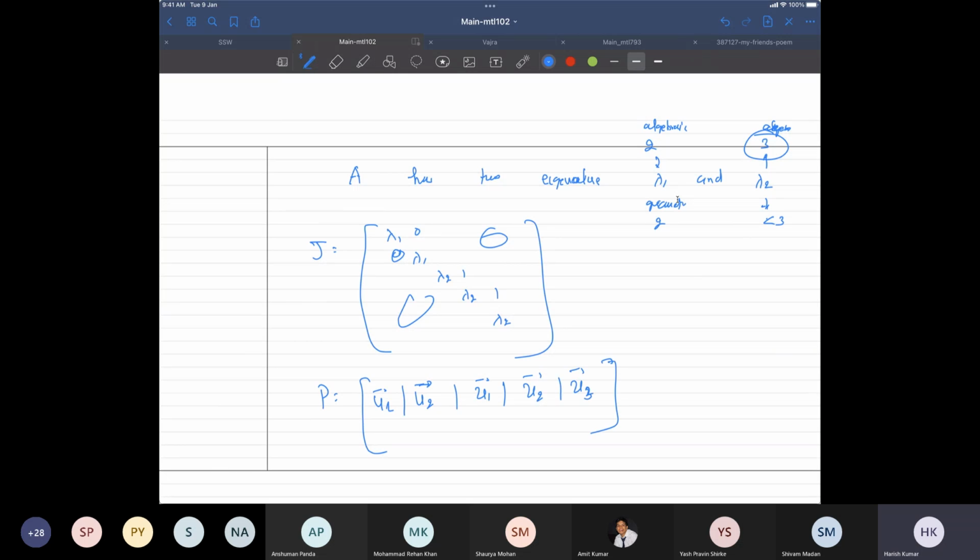Okay. So in general, in principle, for any matrix, you can write it using Jordan blocks. So this is one Jordan block, this is second Jordan block. Of course, if in this case geometric multiplicity is 1, then you will have 1 here, and here you will have generalized eigenvectors.